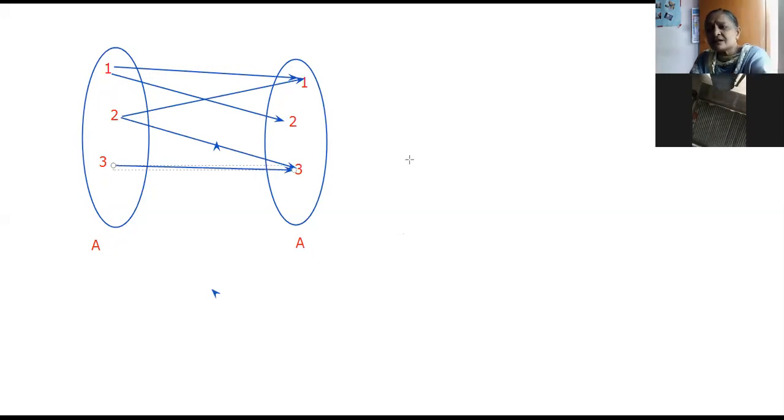Is this relation reflexive? What do you think? Is it reflexive?